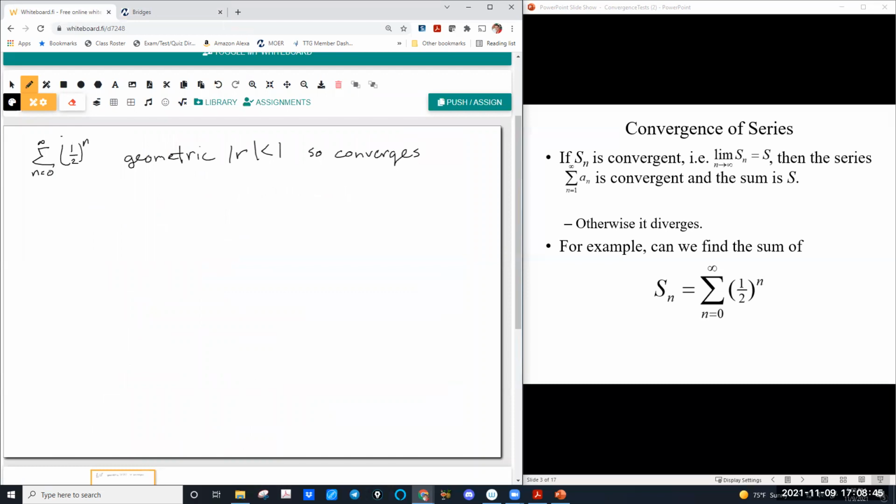Our first term is when we put in 0 for n, which is 1, because 1/2 to the 0 is 1. So not only can we say it converges, we can say that the sum is equal to 1 over 1 minus 1/2, or 1 divided by 1/2, which is 2. So that is the sum of this geometric series, and it's convergent.